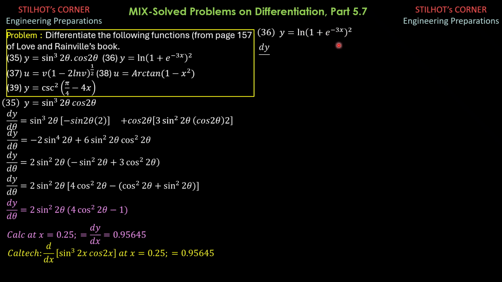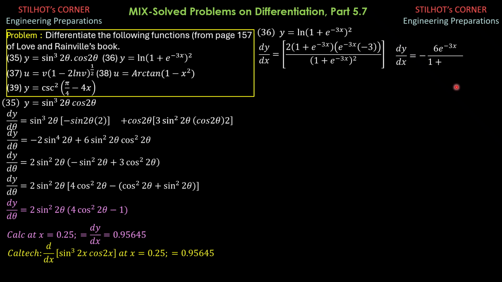So this is equal to dy dx is 2 in the numerator, 1 plus e to the negative 3x times e to the negative 3x times negative 3 over 1 plus e to the negative 3x quantity square. Then we cancel 1 plus e to the negative 3x. Then we'll have here negative 6 e to the negative 3x over 1 plus e to the negative 3x.